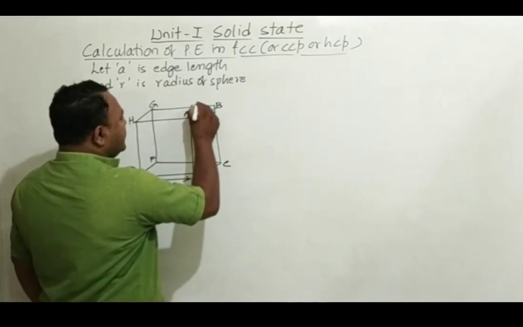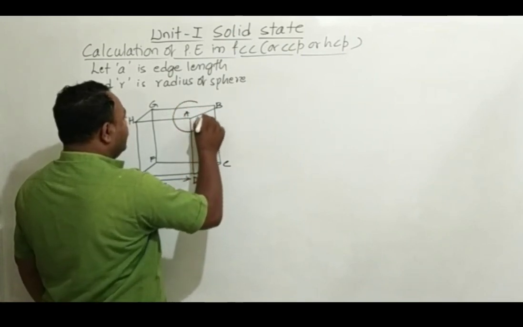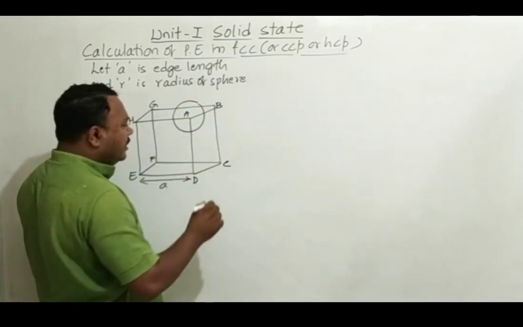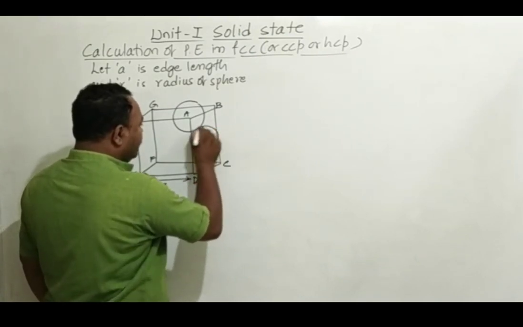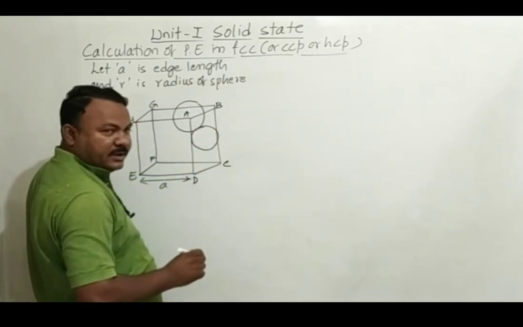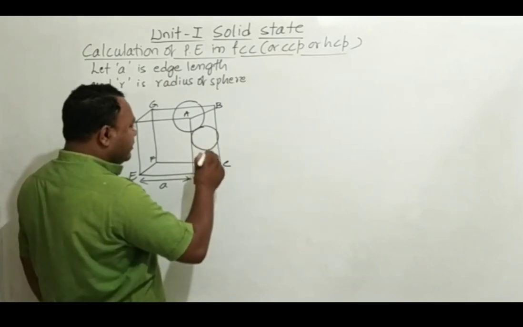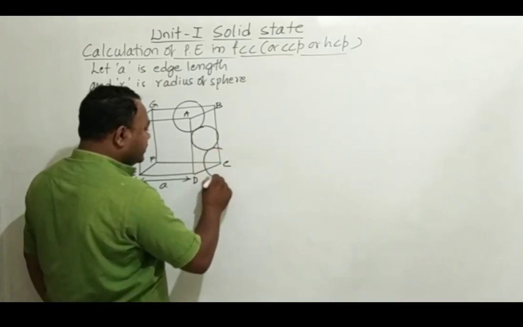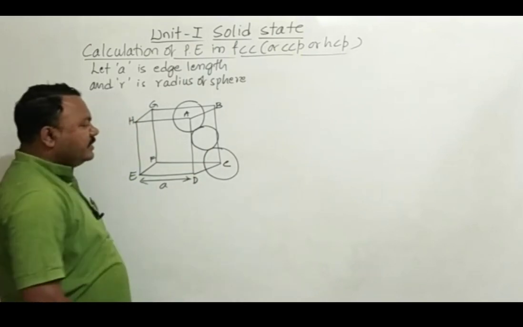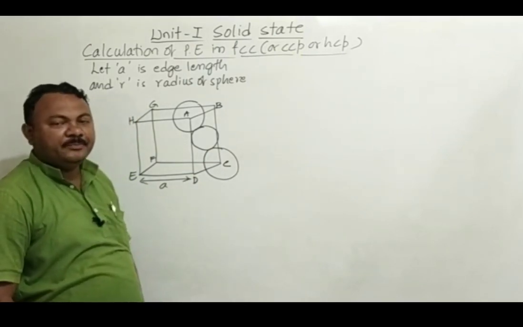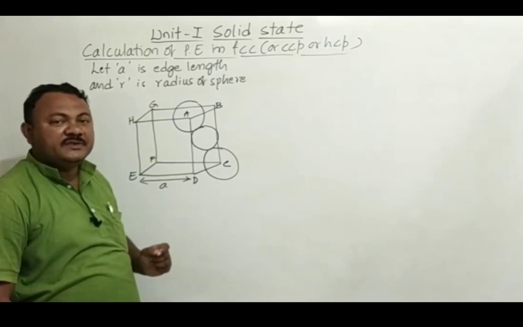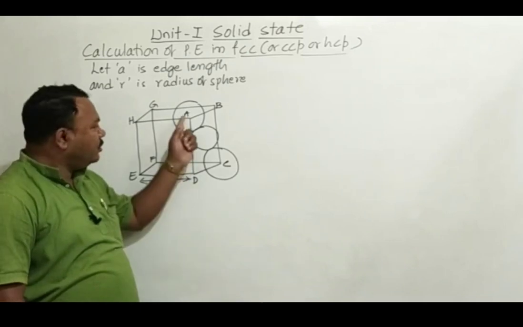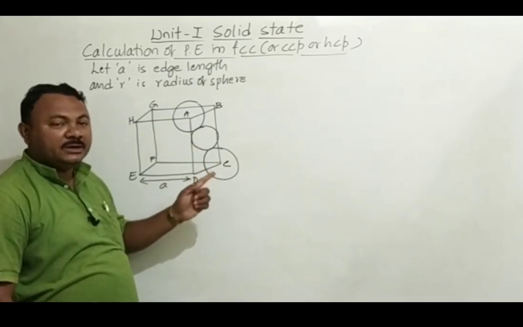So this is the first atom with radius R at the corner A, and this is the second atom with radius R only, present at the center of the face A, B, C, D, and this is the third atom with the center C. So we have taken three atoms. One is at corner A, another is at corner C, and another atom at the center of the face A, B, C, D, so that all these three are in contact with one another.